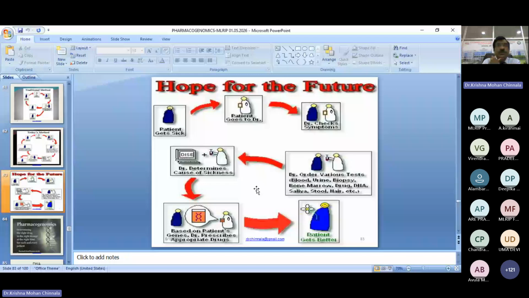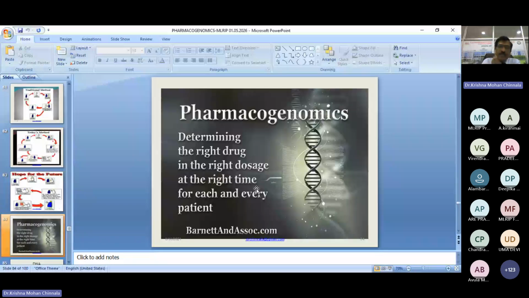Based on the genetic picture, the doctor will analyze the symptoms, analyze the disease, and give the treatment, which may give 100% treatment, and the patient may not come back to the hospital again. This is what is possible with pharmacogenomics, or precision medicine, or individualized medicine.